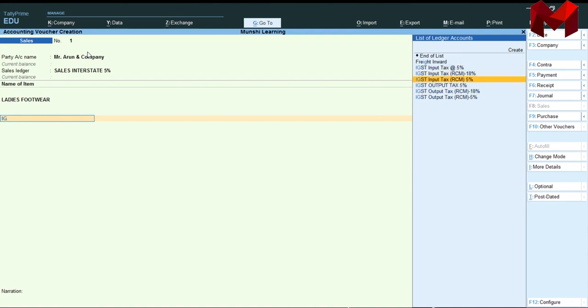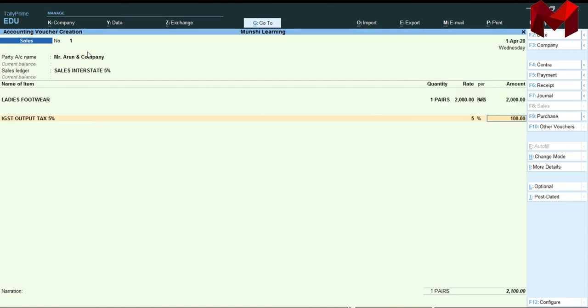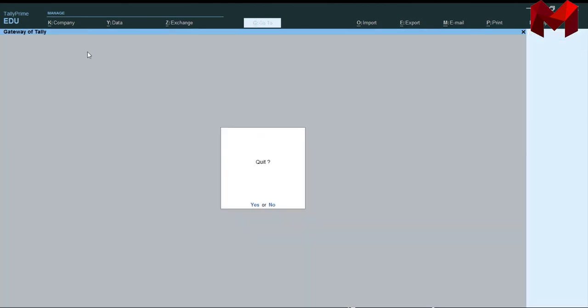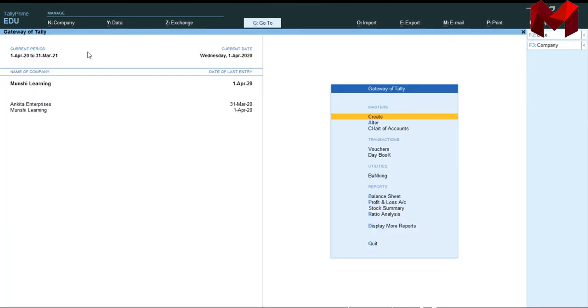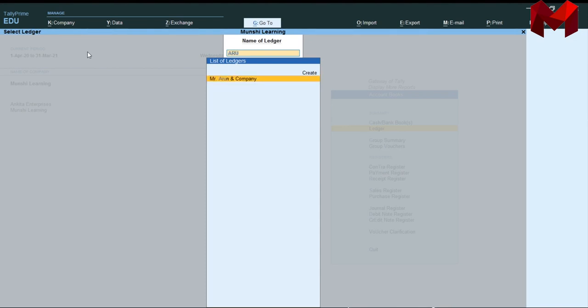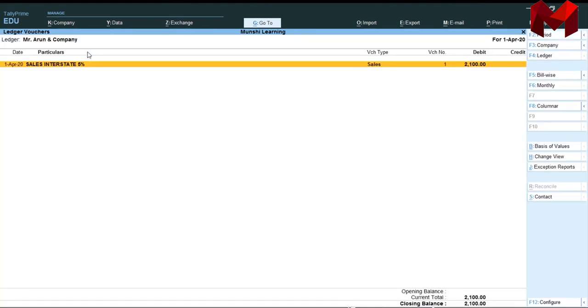IGST output tax 5%, 100 rupees. Narration: it's sale of goods. You can write anything in the narration which you want to recall at the time of entering the bill. Now, if we see the ledger account of Arun and Company, it's reflecting the sale of 2100 rupees, right?